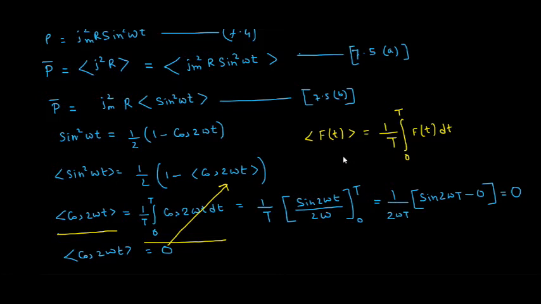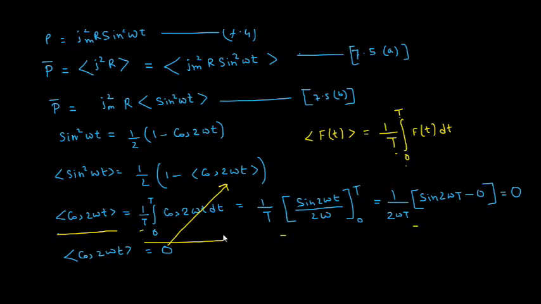The same we have implemented here. Mean of cos 2 omega t is equal to 1 by T, integration from 0 to T, cos 2 omega t dt. The function here is cos 2 omega t. Solving the integration, we get 0.